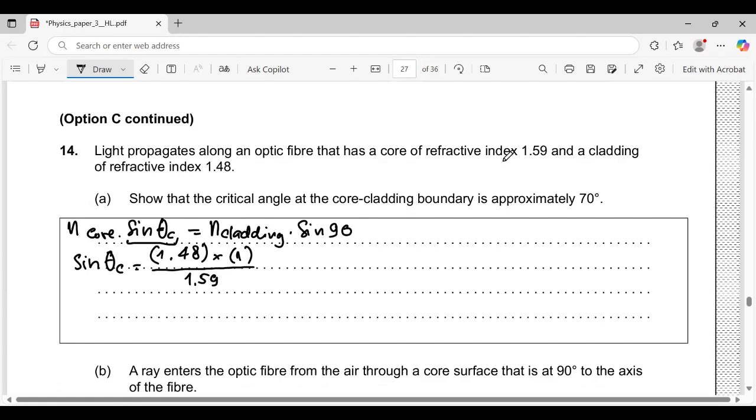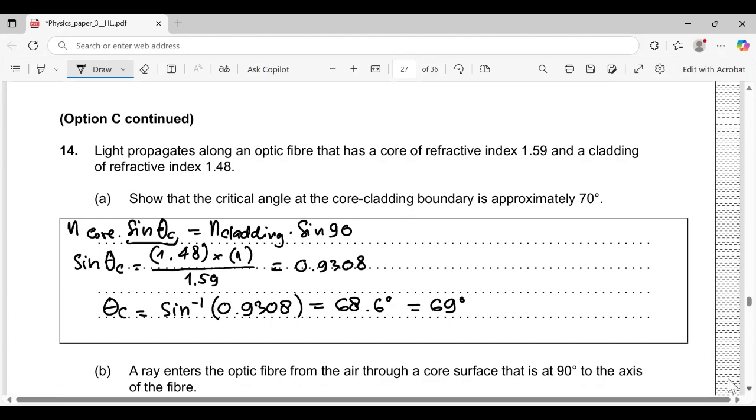According to this information with the index, if we calculate it, the result is 0.9308. So we can determine theta c equals arc sine, or sine to the power minus 1, of 0.9308, equal to 68.6 degrees, or 69 degrees.